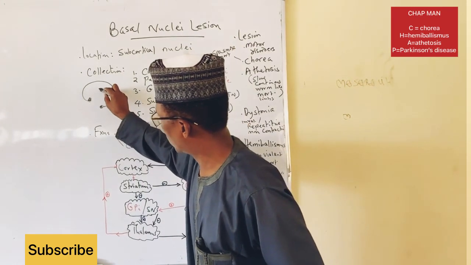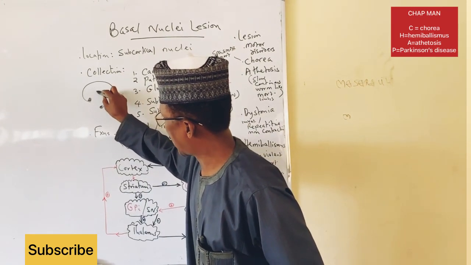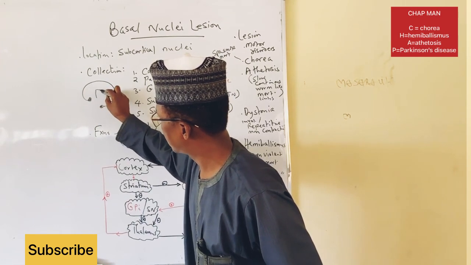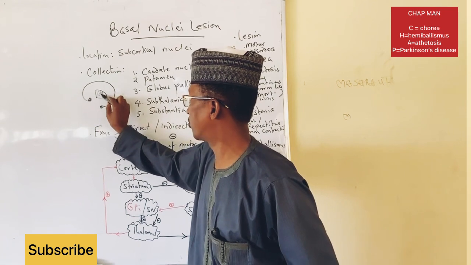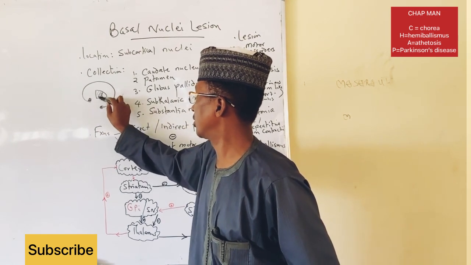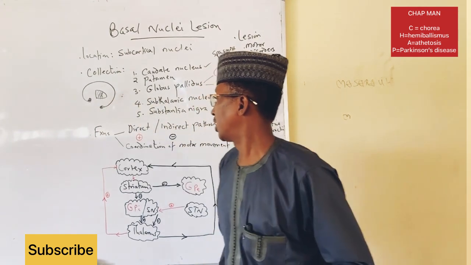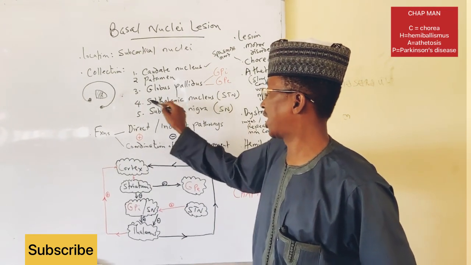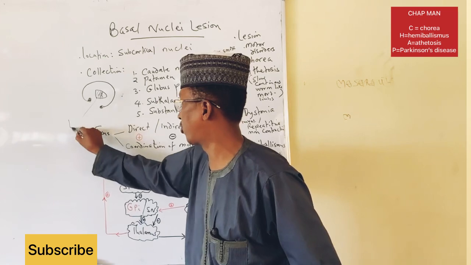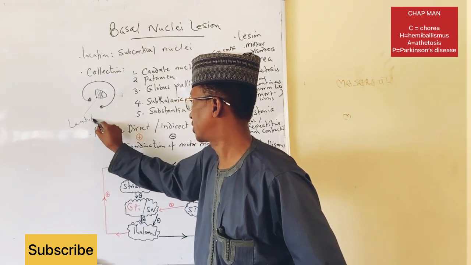This putamen and the globus pallidus, they are just inside the cerebral cortex. The putamen and the globus pallidus together are known as the lentiform nucleus.